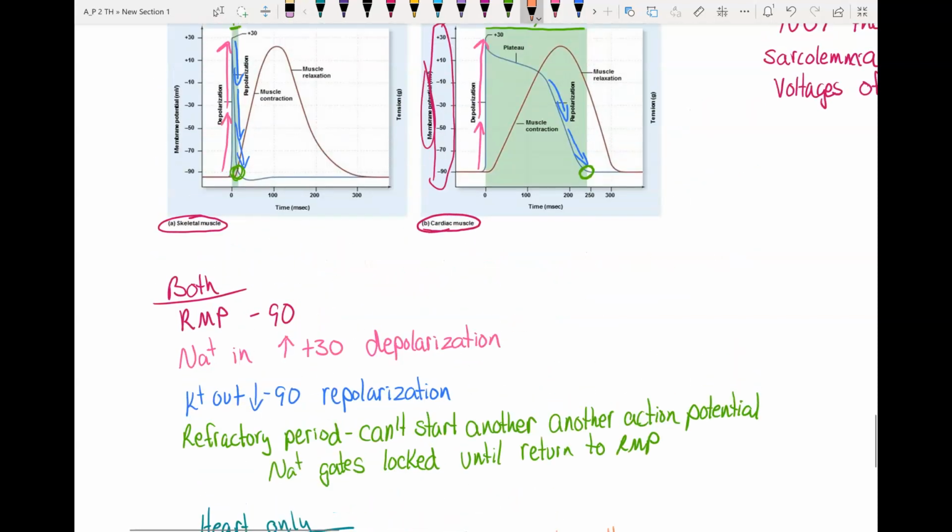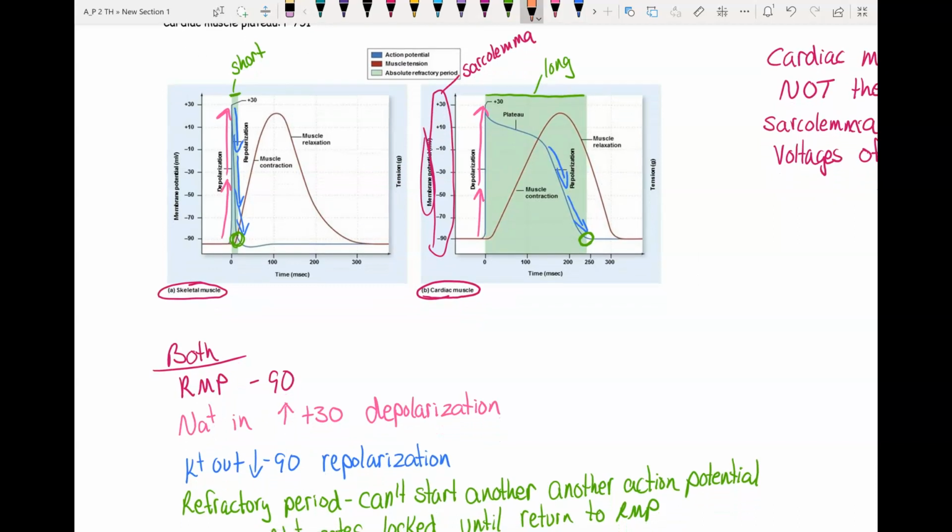So in the heart, you have this plateau phase. Right here is the plateau. Notice in the skeletal muscle, the voltage goes up and it immediately drops back down. In the heart, the voltage goes up, then it slowly drops back down.